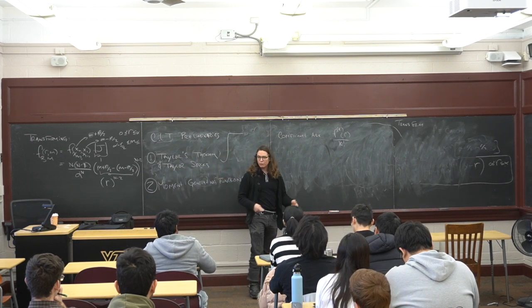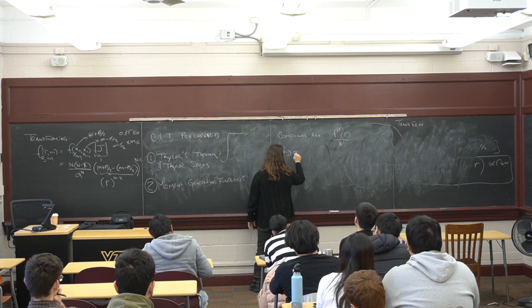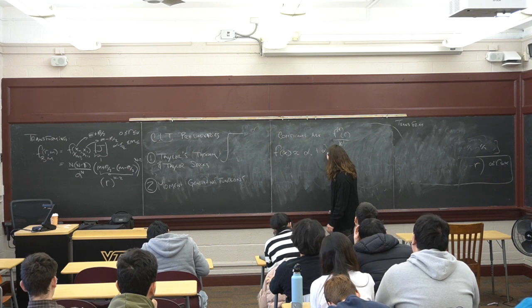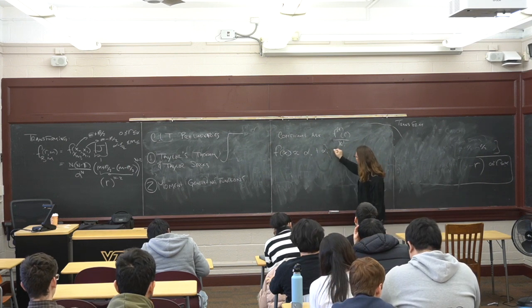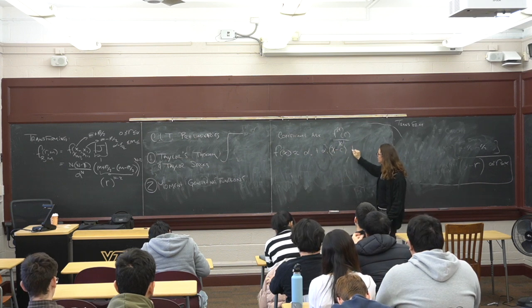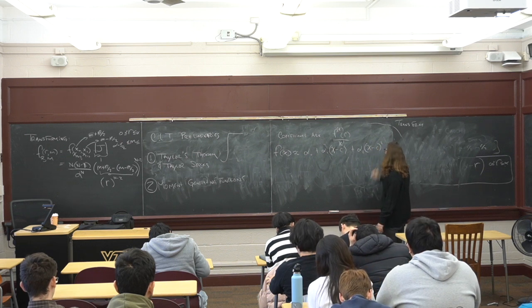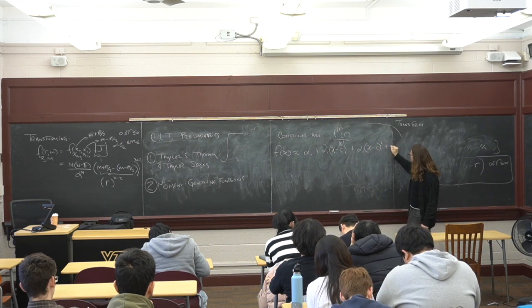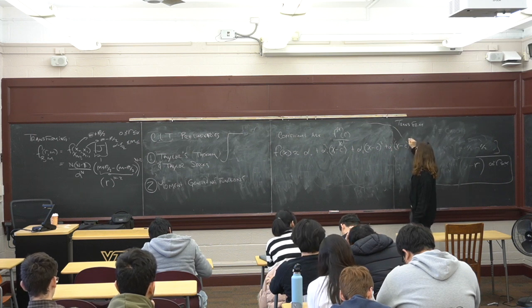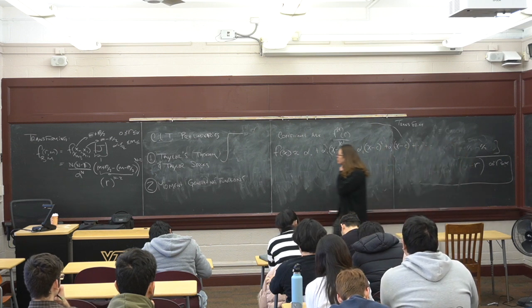Let's just do a couple of these terms, to make sure we understand this. f of x is going to be approximately some polynomial. I'll give my coefficients this notation: alpha 0, plus alpha 1 times x minus c to the first power, plus alpha 2 times x minus c to the second power, plus some coefficient times x minus c to the third power, and so forth.